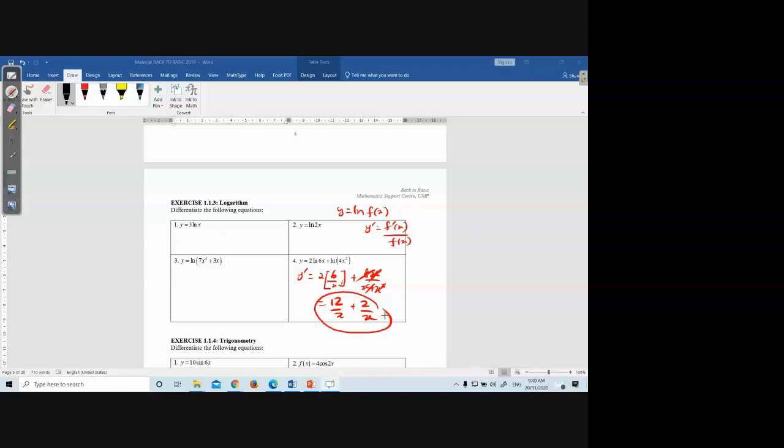What is the final answer again? 6 over x plus 8 over x, 14 over x. Okay, 14 over x.